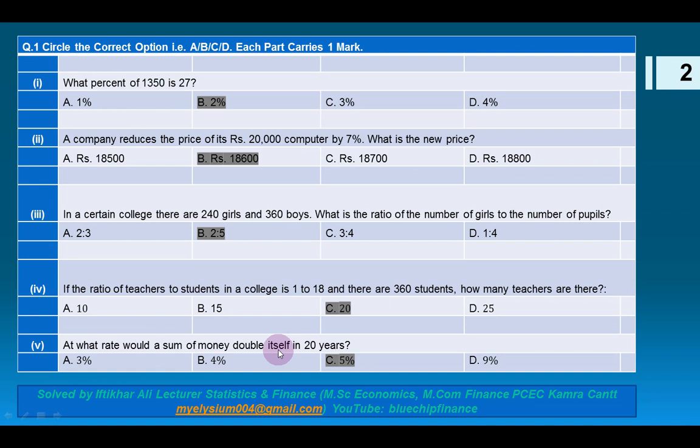So simple interest equals PIN. Simple interest is 5,000, P is 10,000, I is missing, and N is 20. Just solve it mathematically and the answer will be 5%.